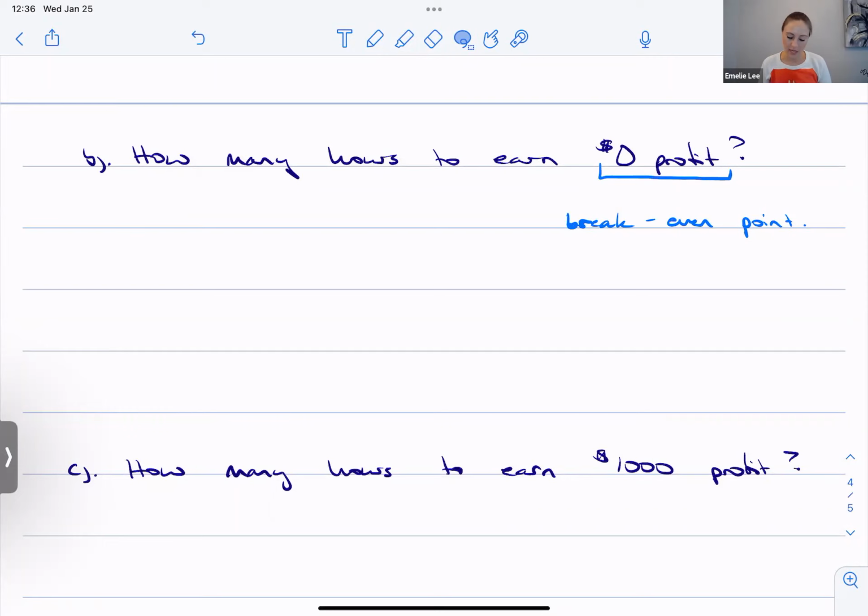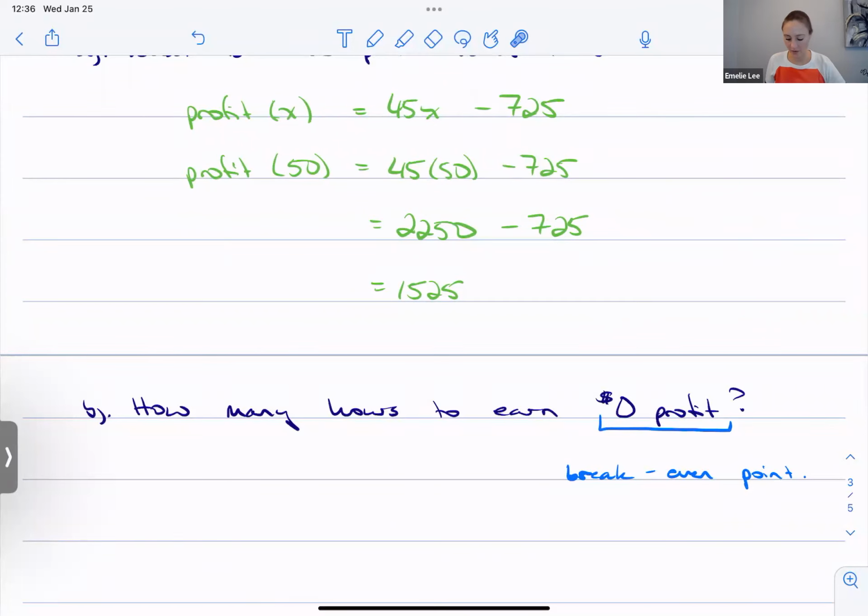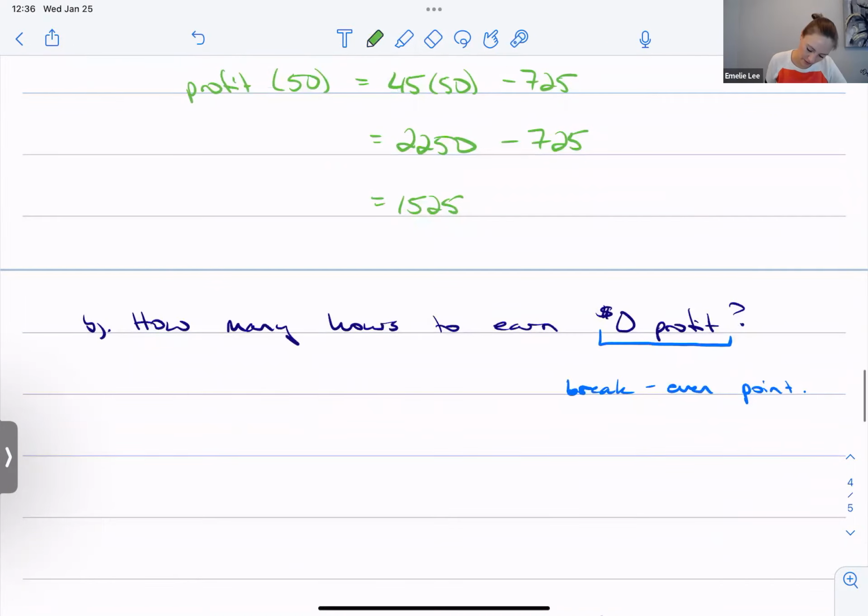Okay, so now I want to know how many hours do I have to work? So what is X? Now we're solving for X if I want to earn $0 profit. So here, again, the profit of X is 45 times X minus 725.